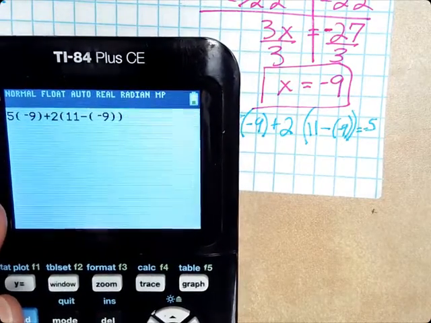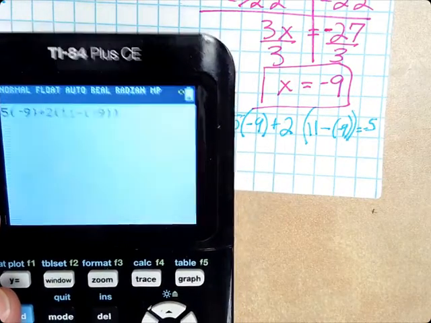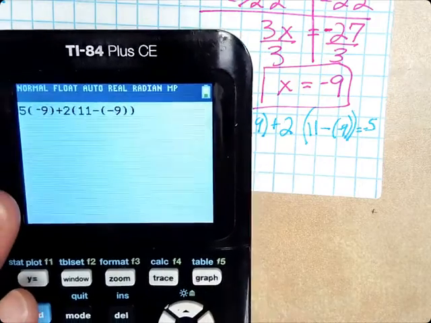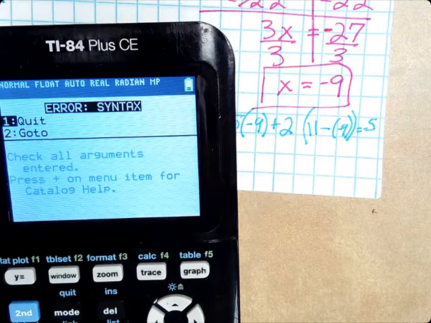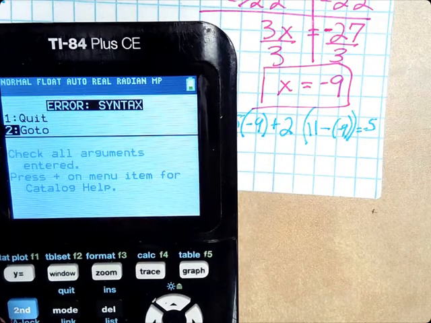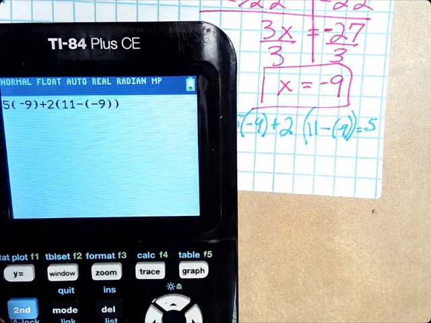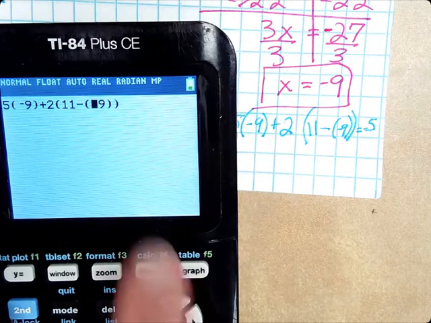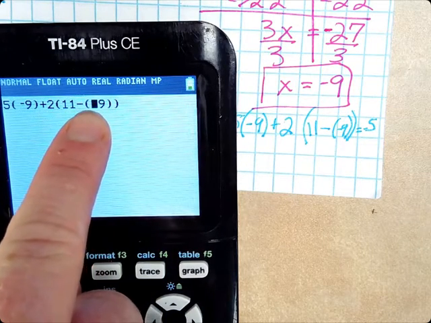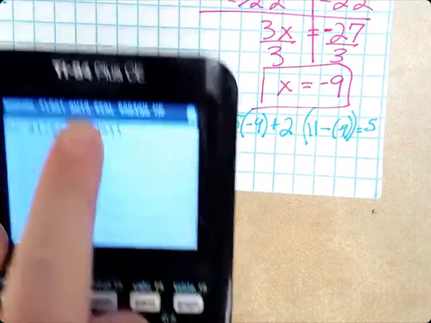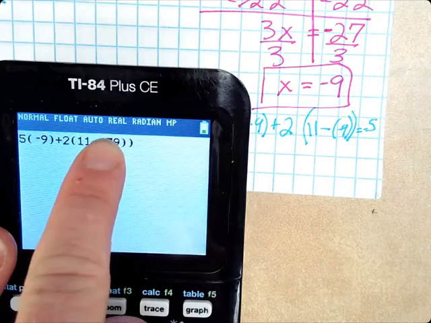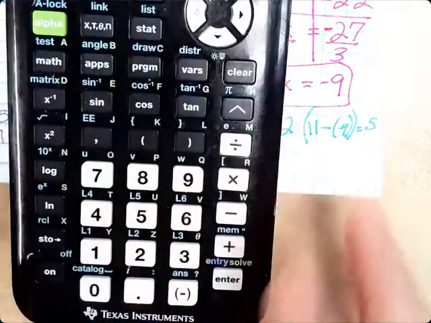And if you make a mistake here, let's say I put a minus here. I put minus minus in the calculator, and it gives me an error. Whenever you get an error message, go to "Goto" so you can find out where the mistake was. See how it goes to that minus there? That's the mistake. So then I can notice, oh, that's supposed to be a negative. In the calculator, they're different buttons.